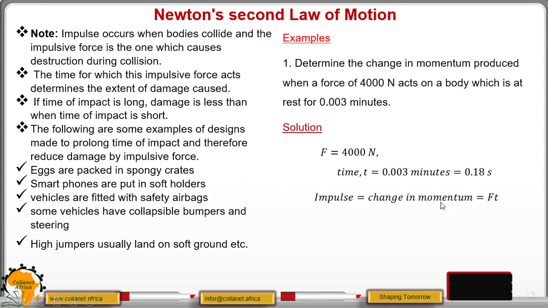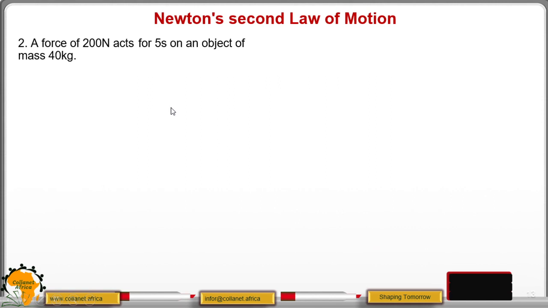The impulse is equal to change in momentum, which is the same as Ft. Then the change in momentum will be F, which is 4,000 Newton, multiplied by time, which is 0.18 seconds. When you multiply, you get that the change in momentum will be 720 kilogram meter per second or 720 Newton second.